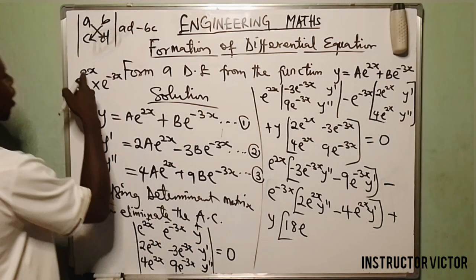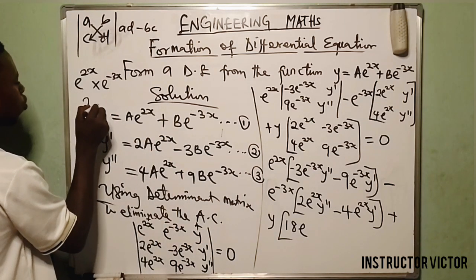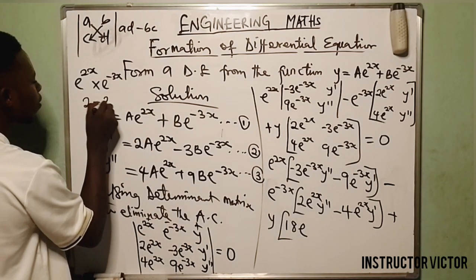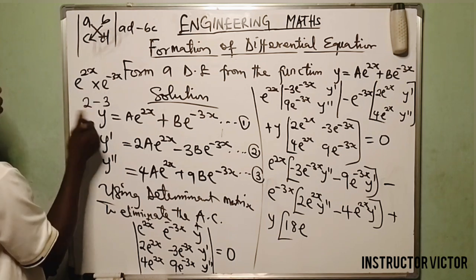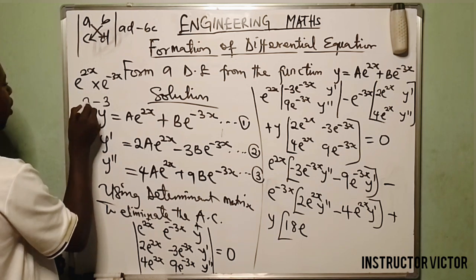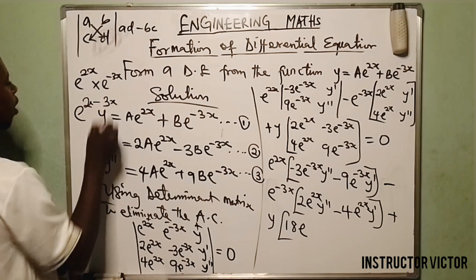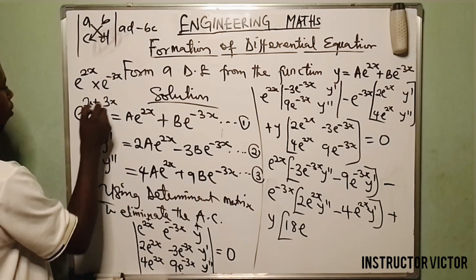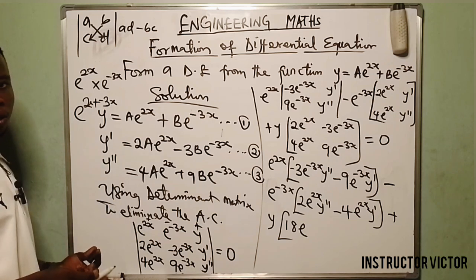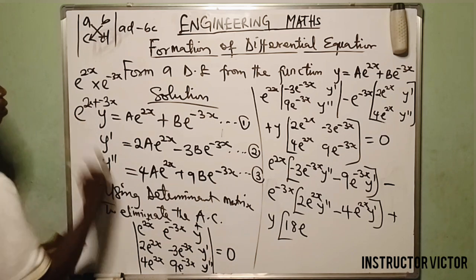So this will automatically become 2 minus 3, because in terms of indices, you'll have exponential 2x minus 3x. Because of the minus, it would have been plus minus 3x, but plus minus will give us minus.